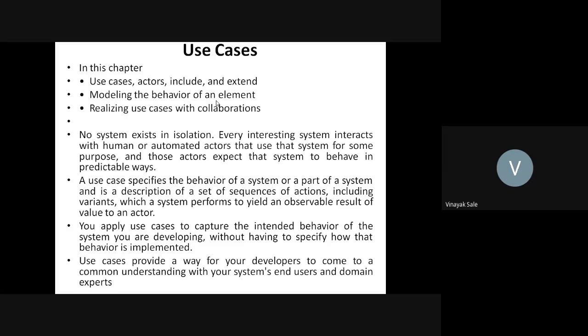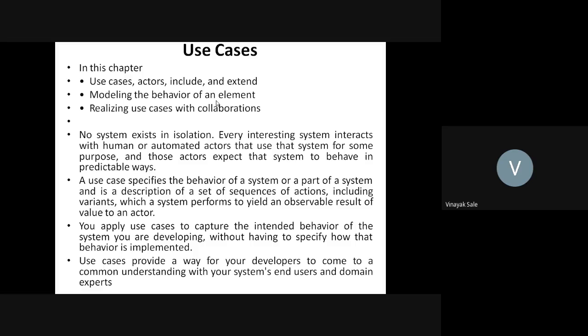So, no system exists in isolation. Every interesting system interacts with human or automated actors that use that system for some purpose. For example, suppose you want to withdraw money from your account. There are two ways: either you go to an ATM or to the respective bank.